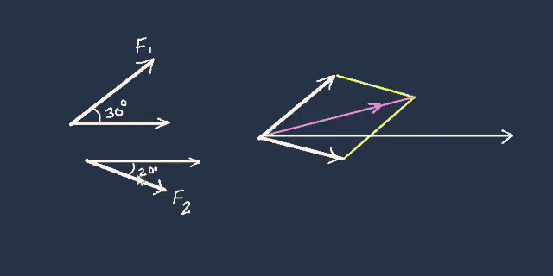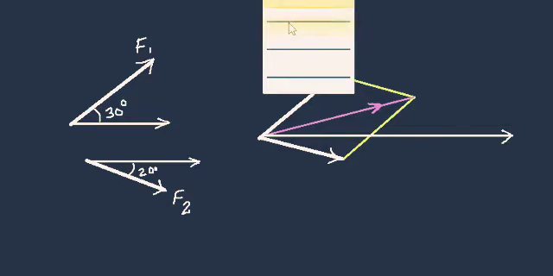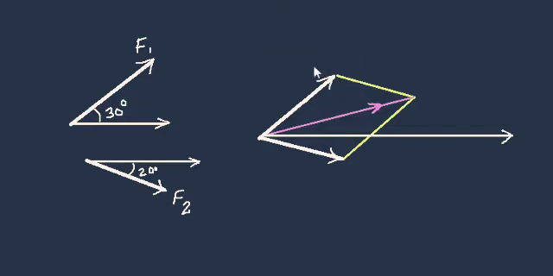But to use the parallelogram law, first you recreate your first vector, that is force 1, F1, and then join the tail of the next vector to the tail of the first one. So you draw F2 here. What you need to remember here is keep the angles of the vectors same as original.